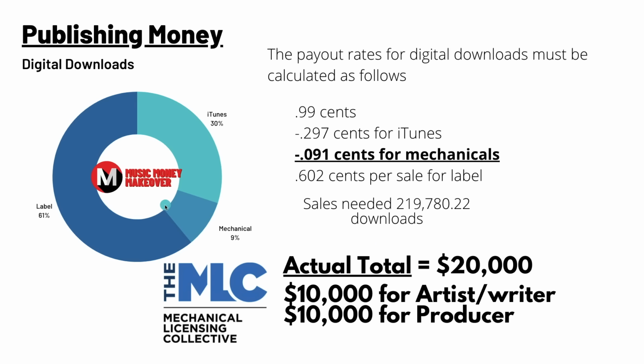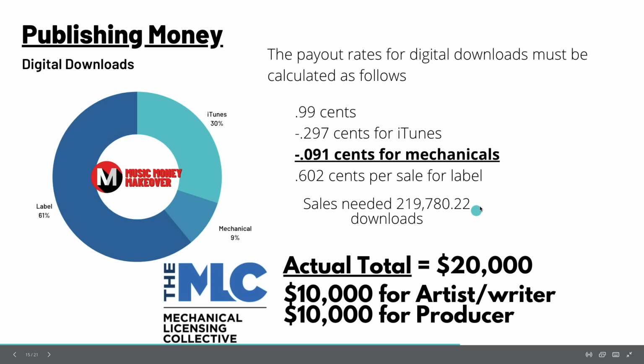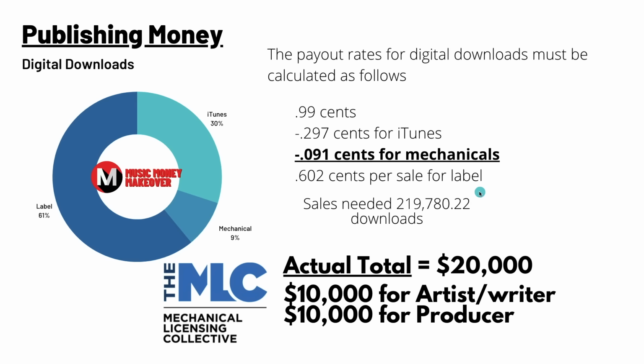So in order to generate $20,000 in mechanical royalties for the digital downloads, this is how many sales would be needed. Now that's a lot. That's halfway to gold right there. Well, almost halfway to gold status. And in today's day and age, as a new artist, this is not a likely situation unless you went super viral on TikTok. So let's keep rolling.